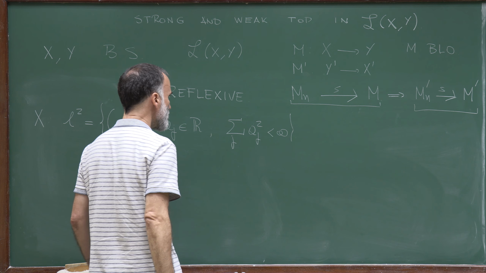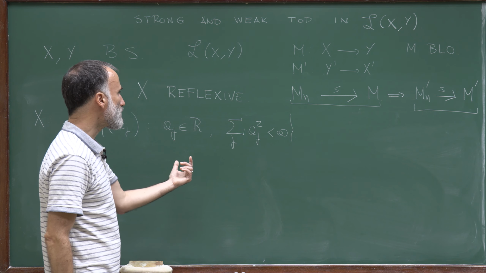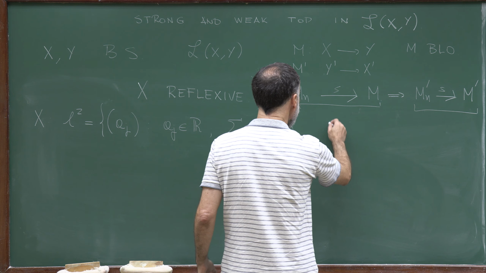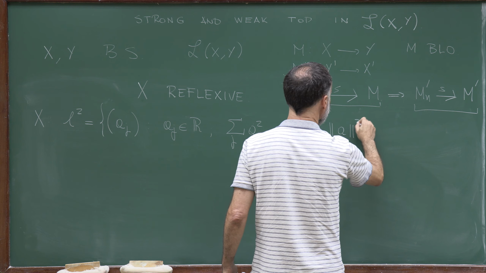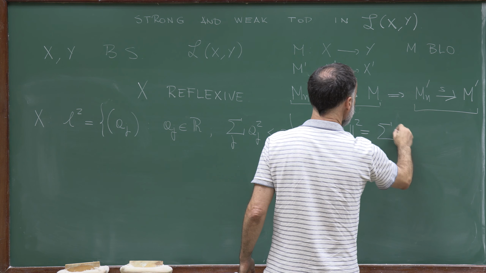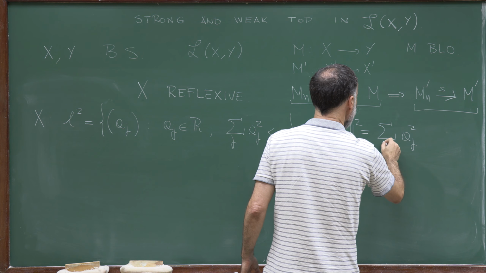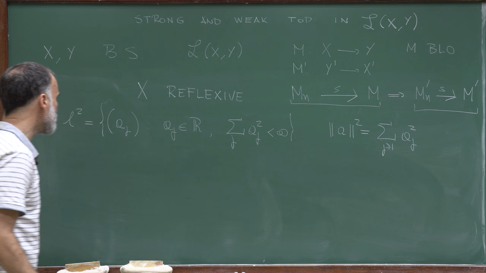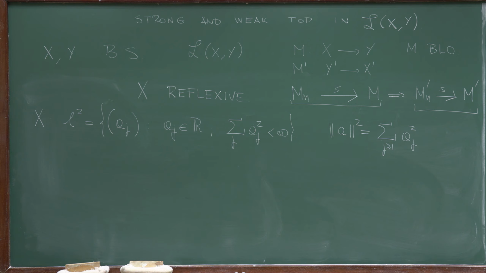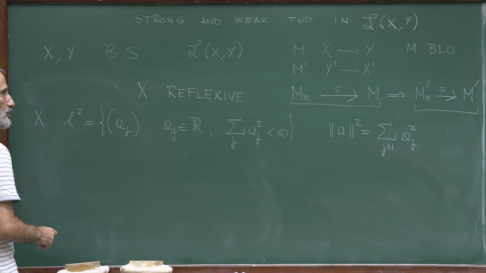So this is the space. We know that this is a Hilbert space, and the norm of a sequence A, if we take the square of the norm, is the sum of Aj squared. So this example appeared many, many times, so I won't give you more details about that.